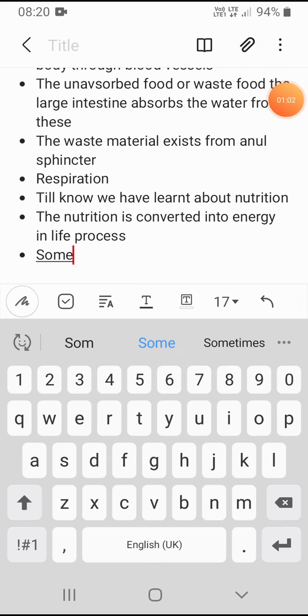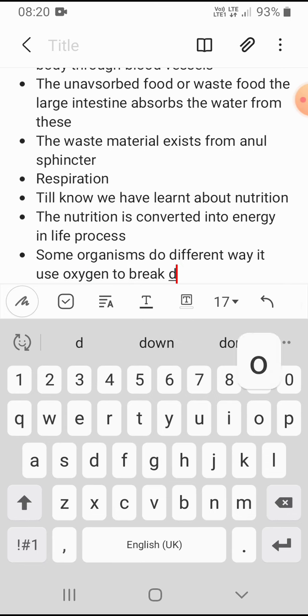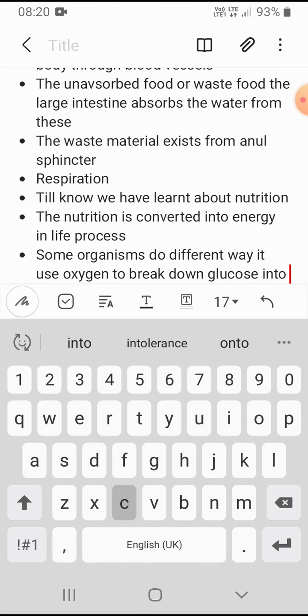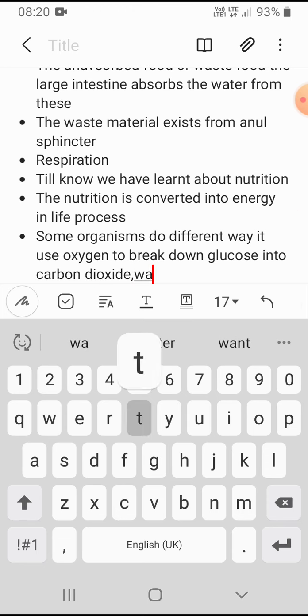Some organisms use two different ways. It uses oxygen to break down glucose into carbon dioxide and water as well.